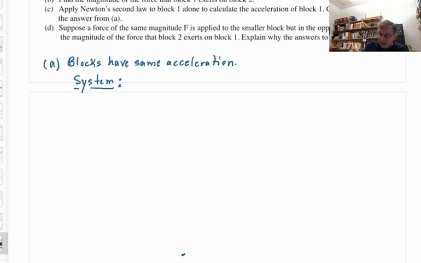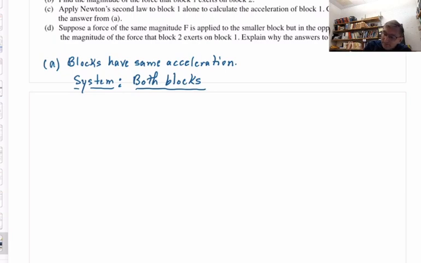Since I want the acceleration of the 2 blocks together, what I want to pick for the system is both blocks. I'm thinking of both blocks as one combined blob.